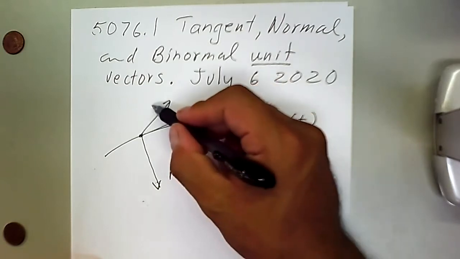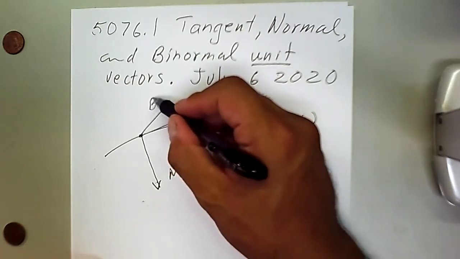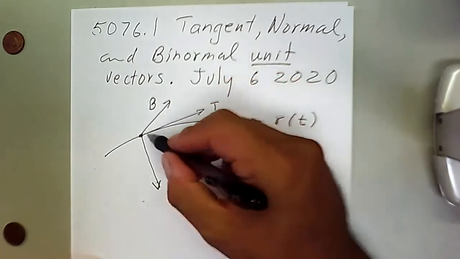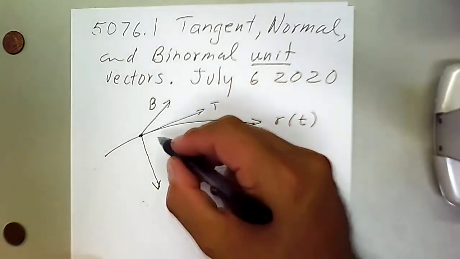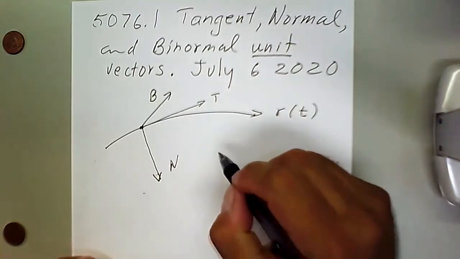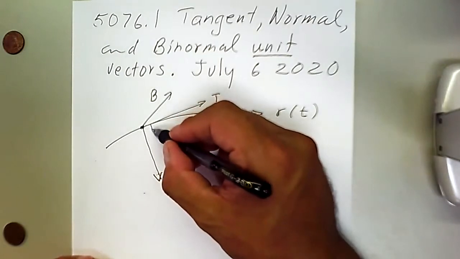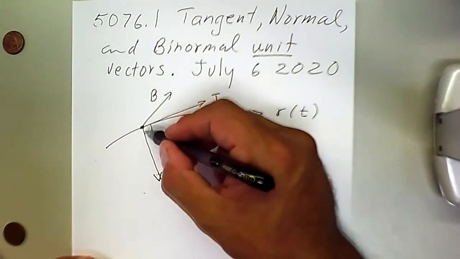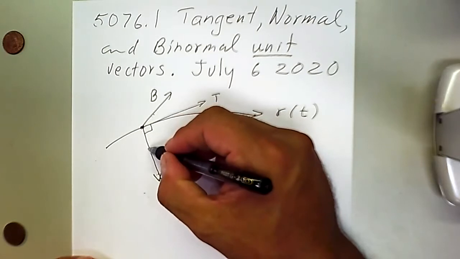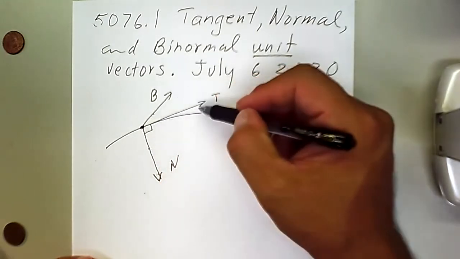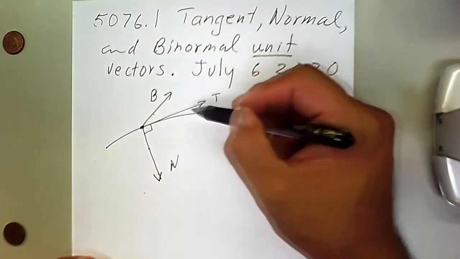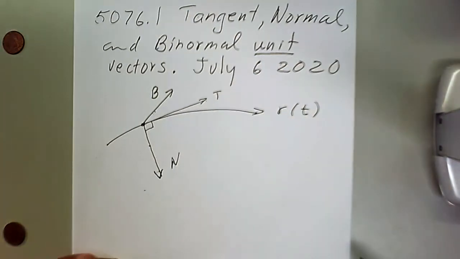There we go. And that is the binormal vector. All three are unit vectors. The lengths are 1. And they are all perpendicular to one another. So the tangent and normal are perpendicular, the binormal vector and normal vector are perpendicular, and so are the tangent vector and binormal vector. All of them are perpendicular to one another.